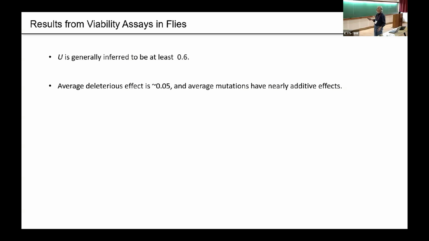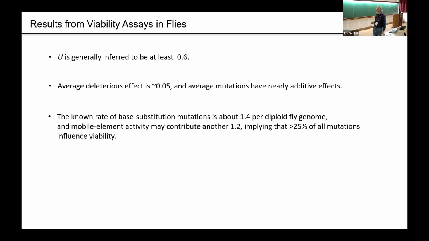They inferred the average deleterious effect to be about 5%, so the average mutation would reduce viability about 5%, according to these guys. They inferred them to have additive effects. I won't go through how you can do that, but you get information by crossing mutation accumulation lines.